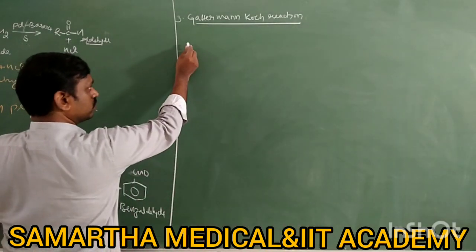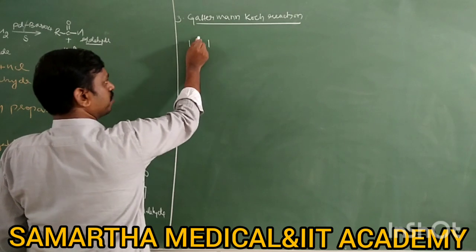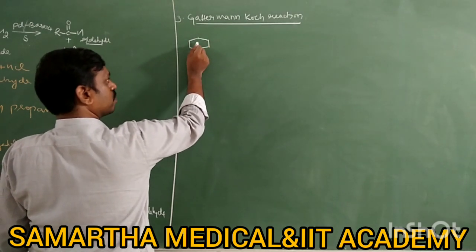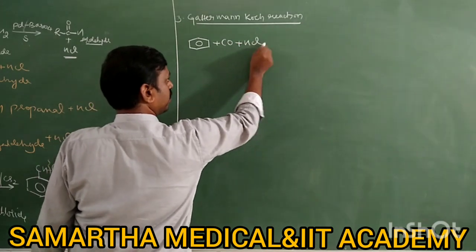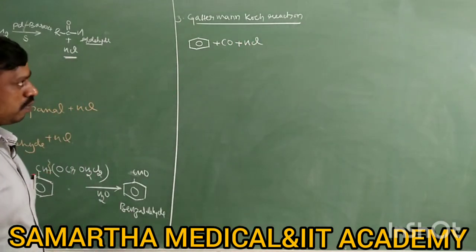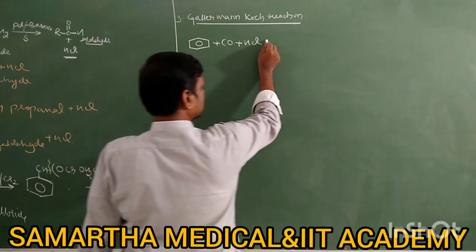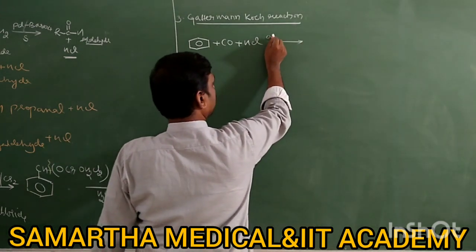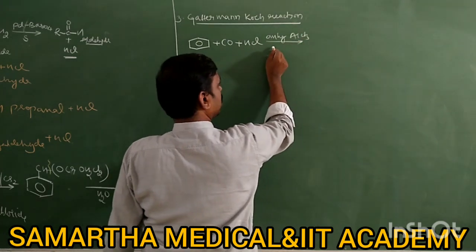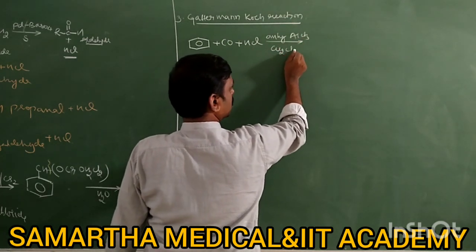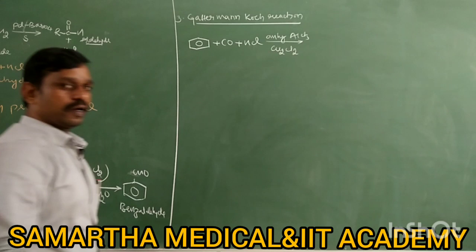Now in this reaction, benzene is treated with a mixture of carbon monoxide and hydrochloric acid in presence of anhydrous AlCl3 and Cu2Cl2. It is called cuprous chloride.